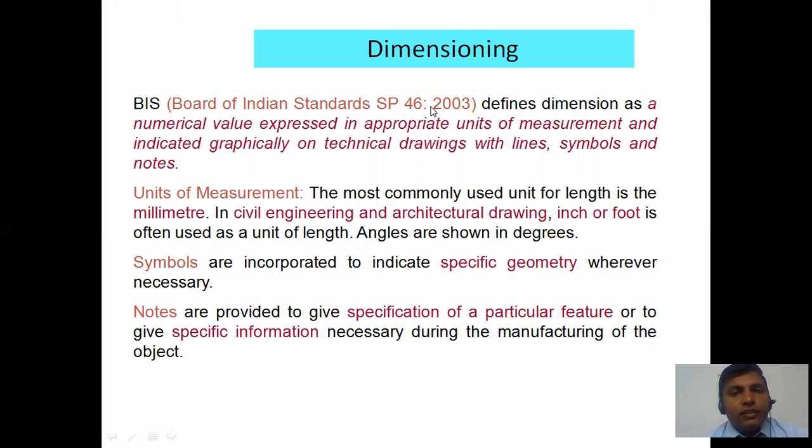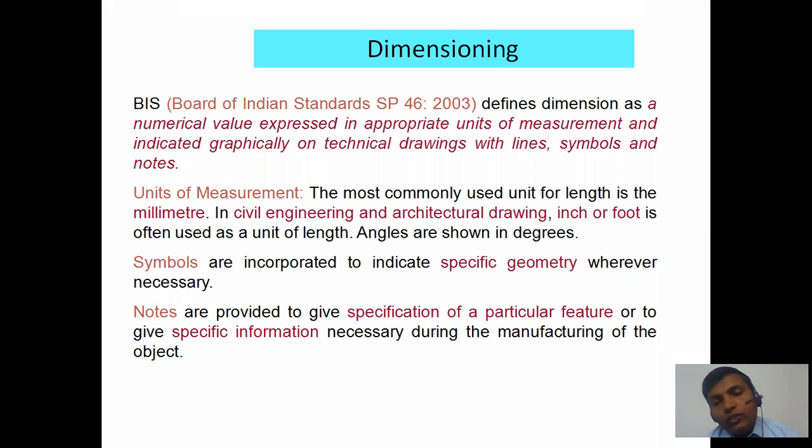So what is dimensioning? Dimensioning is a numerical value expressed in the appropriate unit of measurement and indicated graphically on a technical drawing with lines, symbols, and notes. For the unit of measurement, in both cases, whether technical drawing in civil or architectural drawing, or mechanical drawings, all dimensions are in mm.